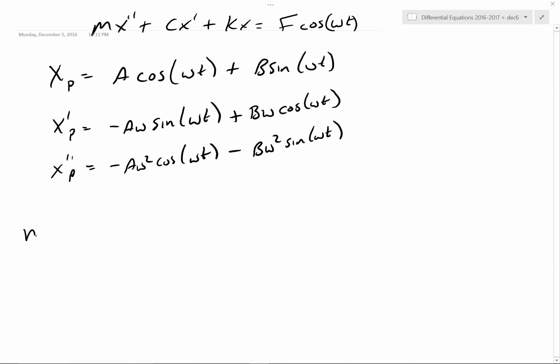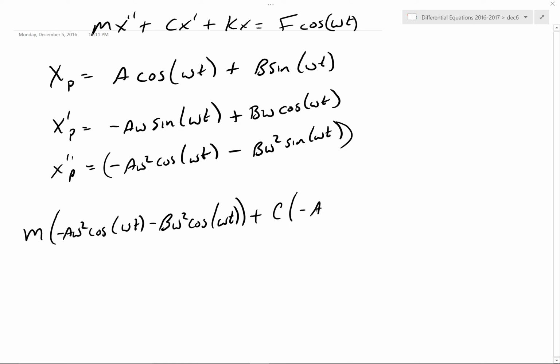So if I take m times this fella, right? Now don't worry about it too much. We're going to cut to the chase here momentarily. Plus c times this mess, plus k times the top one.